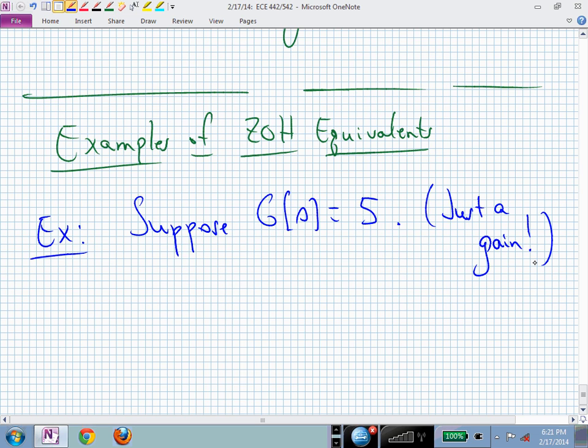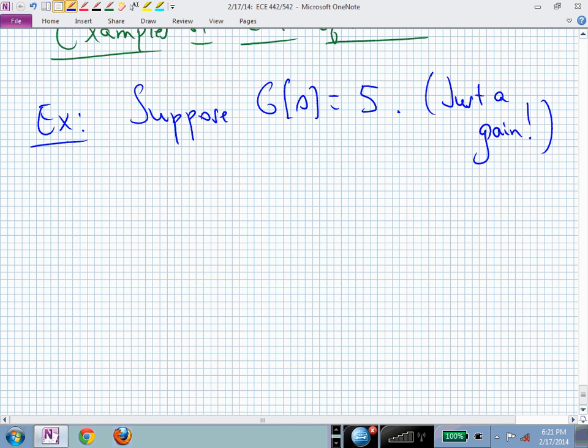It's just a gain. Suppose that somebody just gives us a system that corresponds to a gain. What's that going to look like when we find capital G of Z? Let's go through the process and see what falls out.